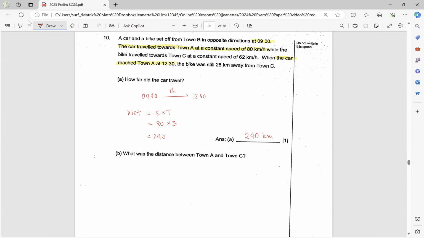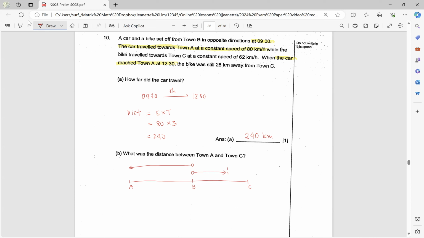So what's the distance between town A and C? To put it in a diagram, let's say B is here, A is here, C is here. Not exactly half, but just take note of that. So towards the left, towards A, the car traveled all the way, but the bike didn't travel all the way.